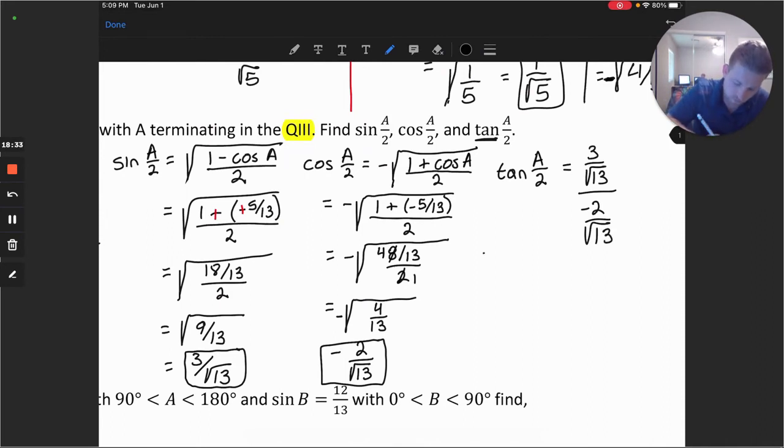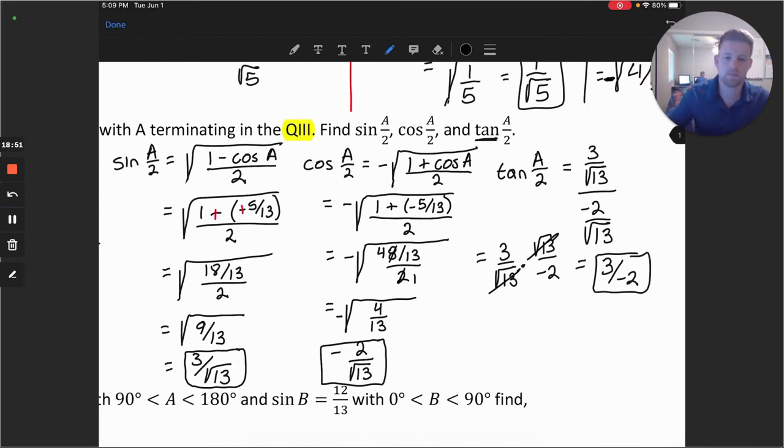We'd have 3 over root 13 times root 13 over negative 2. Those root 13s will cancel. I'll be left with the result of 3 over negative 2. We can just keep that as an improper fraction there. And we have our sine, cosine, and tangent for the half angles.